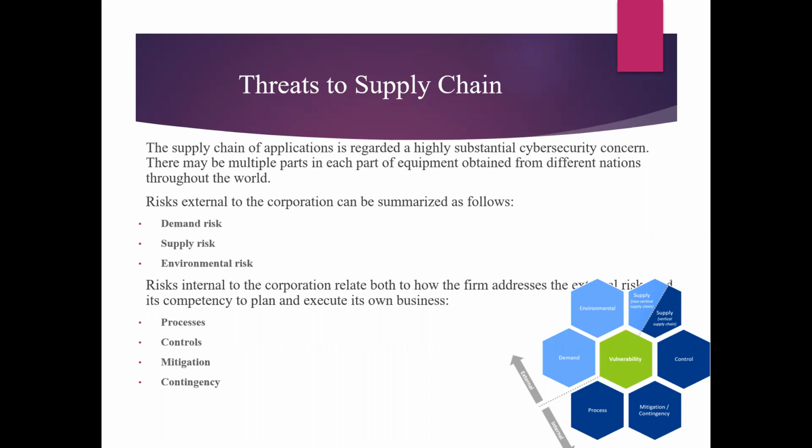Additionally, internal risks to the corporation relate both to how the organization addresses the external risks, but then its ability to plan and execute its own business in areas such as contingency planning, risk mitigation, controls, and processes.